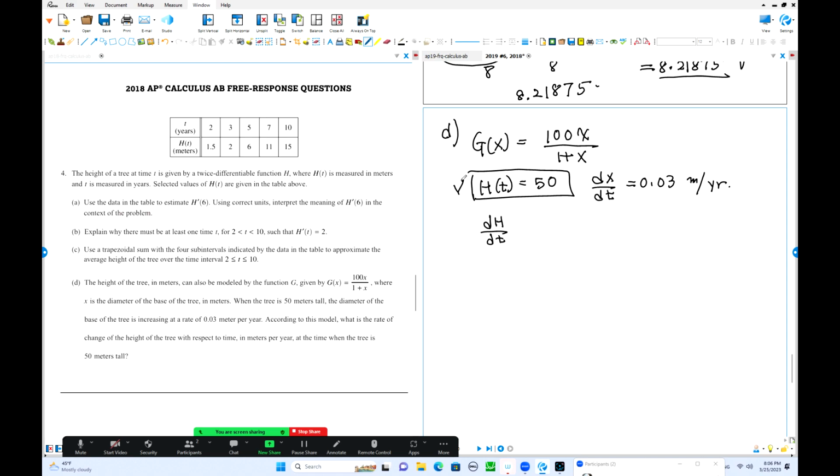What is the rate of change of the height of the tree, at the time when the tree is 50 meters? At the time when g of x, this is a new one, okay?